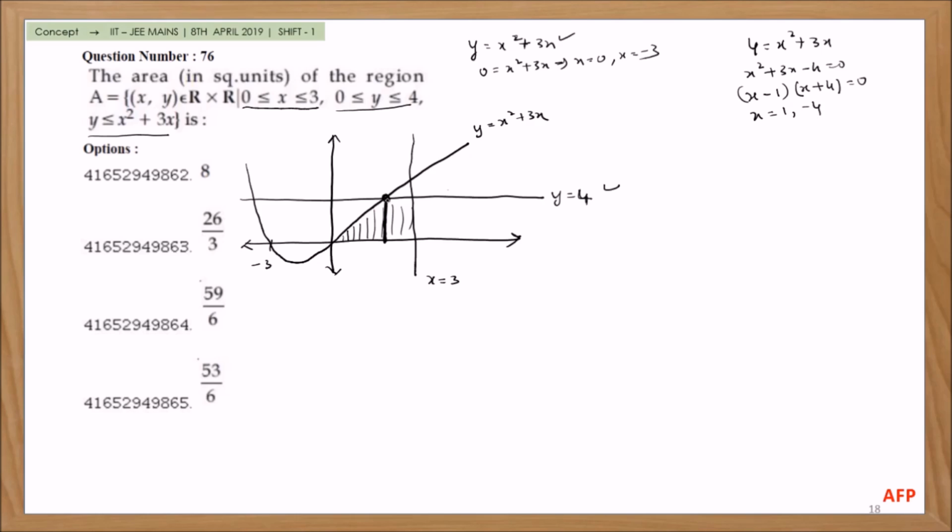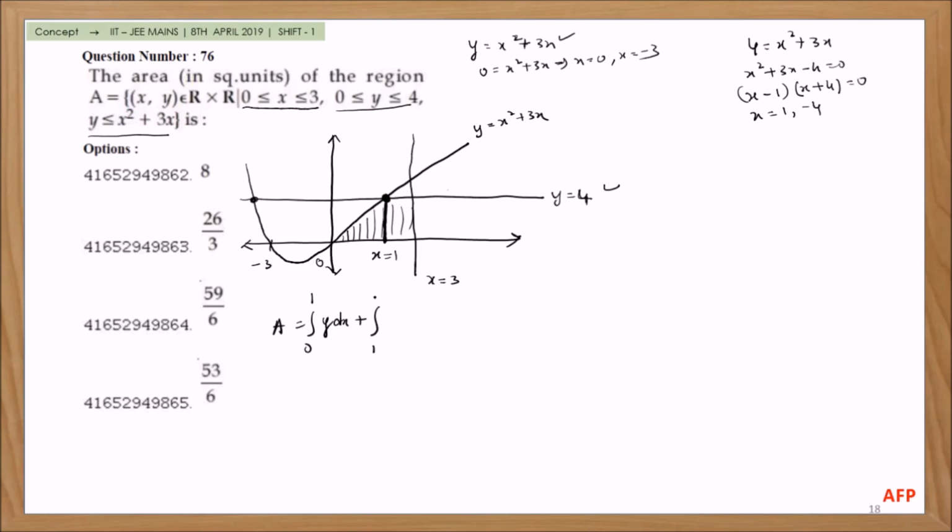So you will get the intersection point here, and one more intersection point on the other side, which is minus 4.